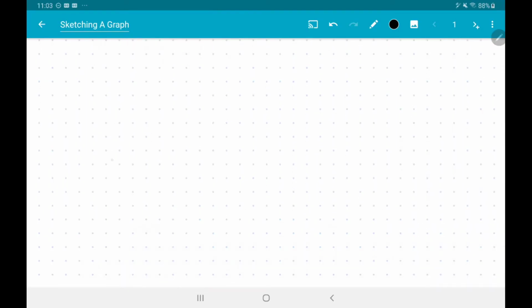Okay, so the x-axis will be pretty easy to draw. The y-axis, I'm going to draw this much of it, and then I'm going to draw a zigzag. That's one of the conventions used to indicate that I'm not going to include that part of the axis.